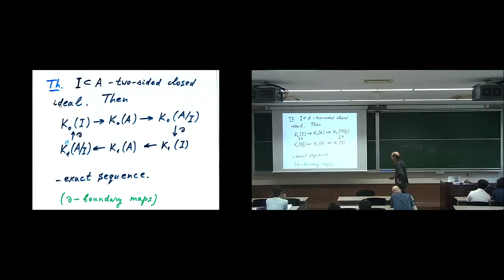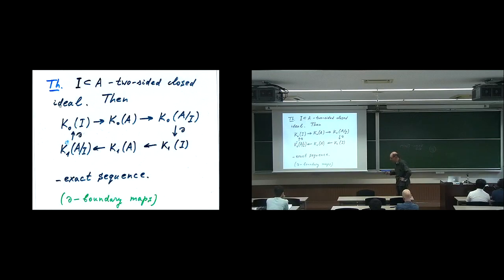Now, an important tool: the K-theory of an ideal, an algebra, and the quotient are related by the so-called six-term exact sequence. It's a cyclic six-term sequence. And there are some boundary maps which I don't define, but I must say that in most cases they can be calculated using naturality.